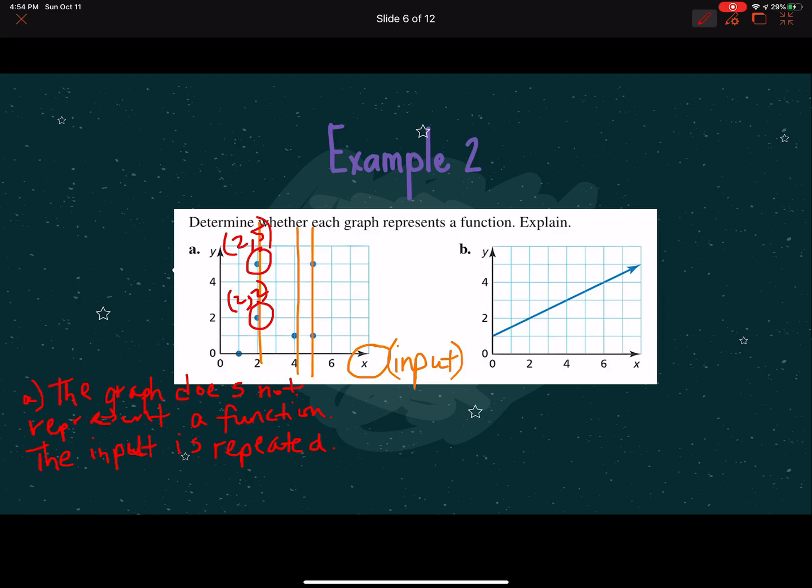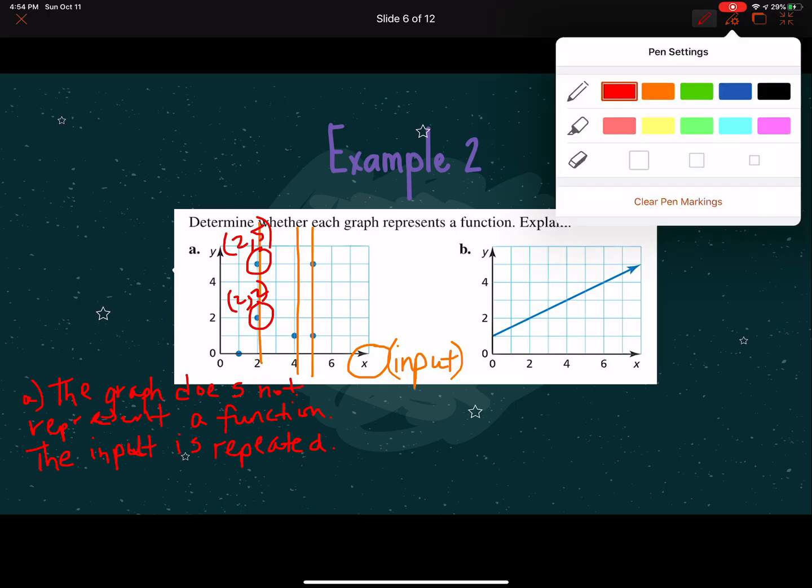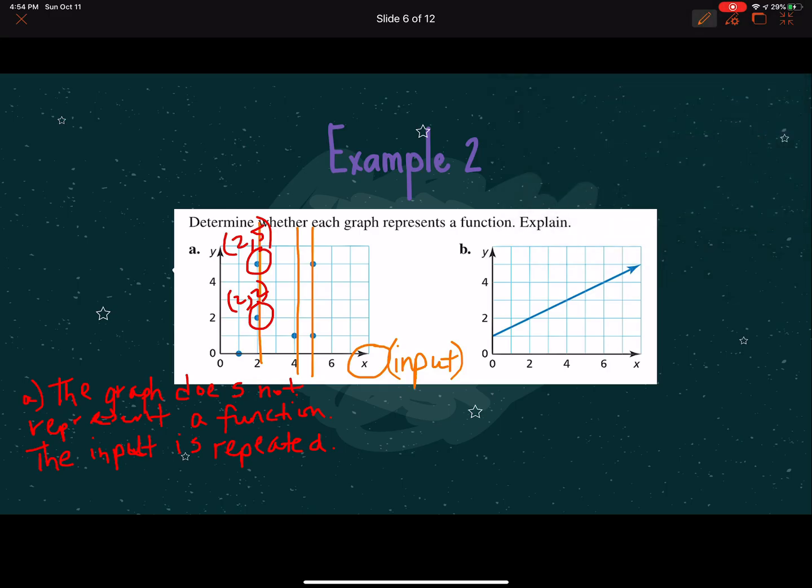Okay, let's look at B. So if I were to use the vertical line test and I tried to see if this passed through any more x values, there's not any way I can draw a vertical line through more than one point on this graph.